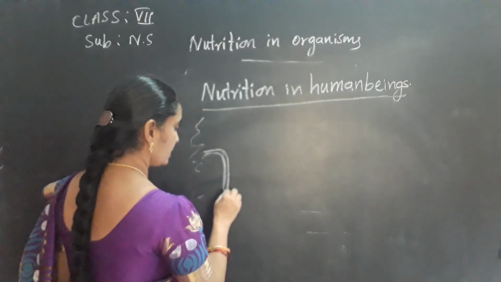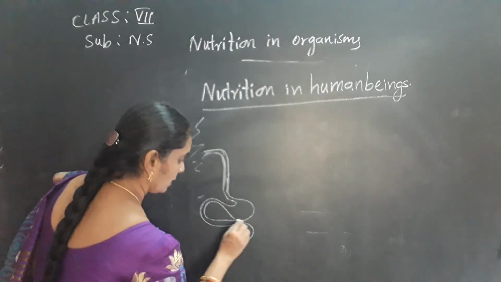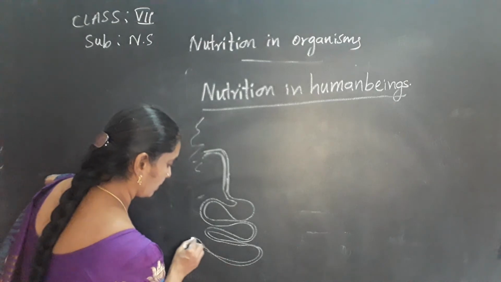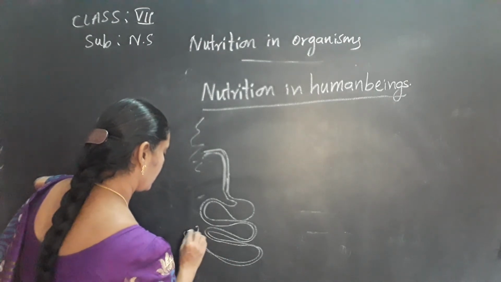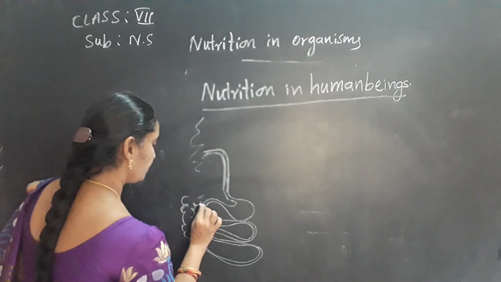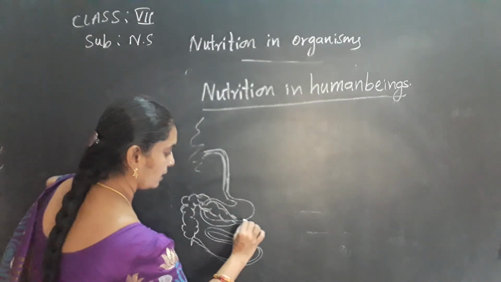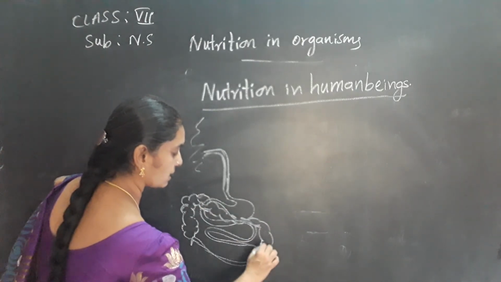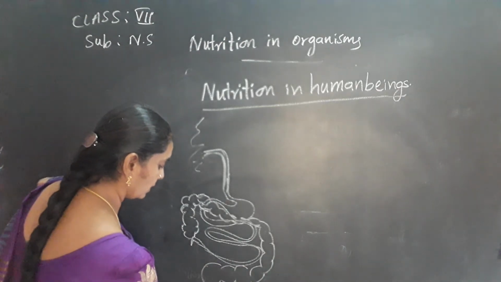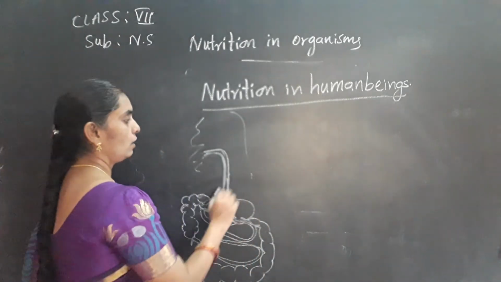And this is the esophagus, stomach, and this is the large intestine. After the small intestine comes the large intestine. I am showing you a rough figure; in the next class, I will show you completely how this process goes on, children. In today's class, I will give you the introduction.